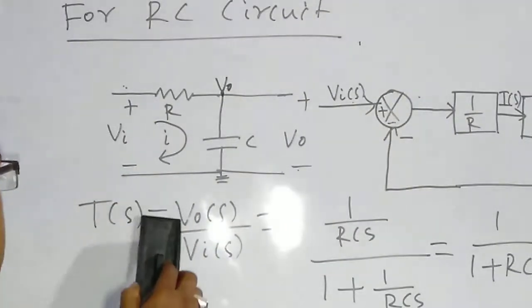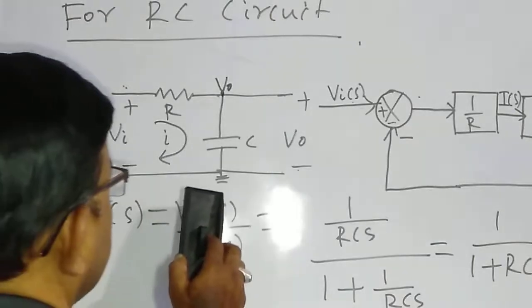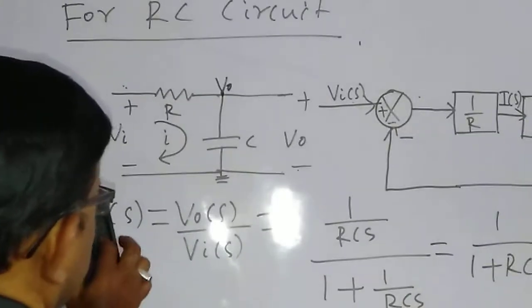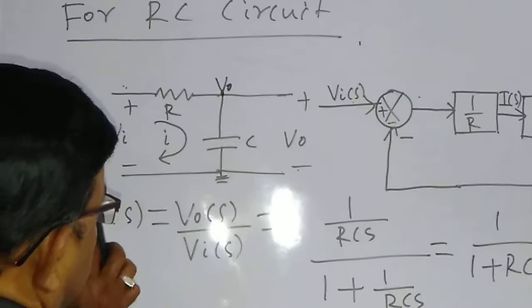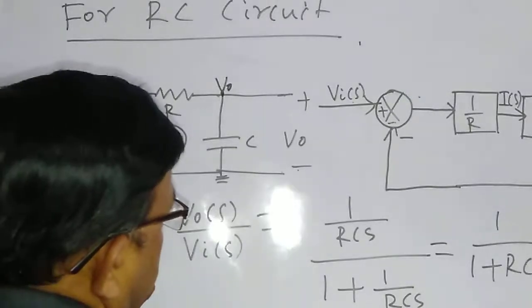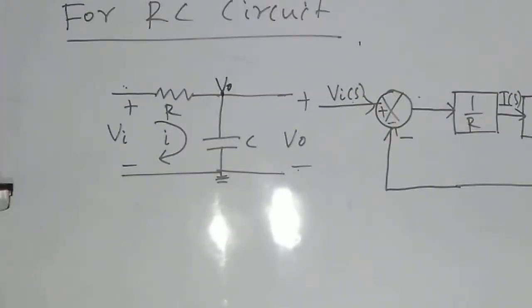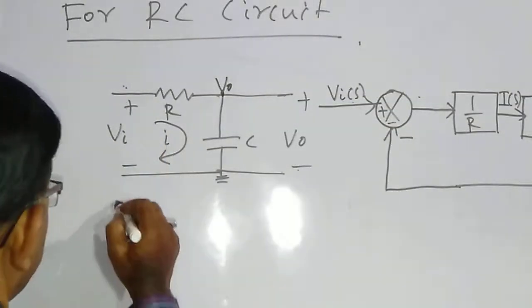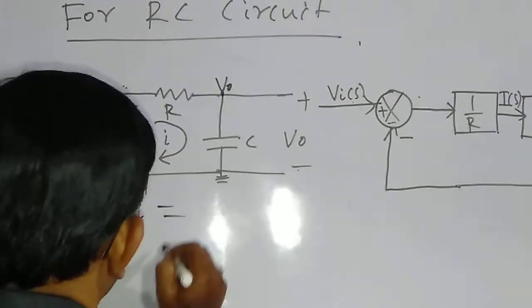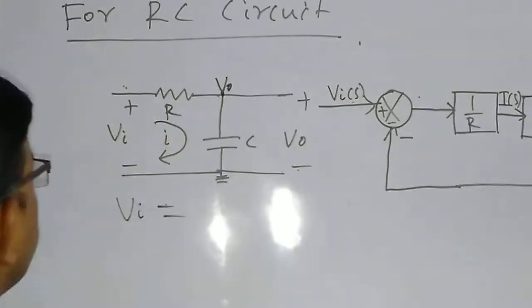If we can find out the transfer function from this diagram or from the differential equation. So let us find out the transfer function from the differential equation. So we have to calculate what is Vi by applying Kirchhoff's voltage law.